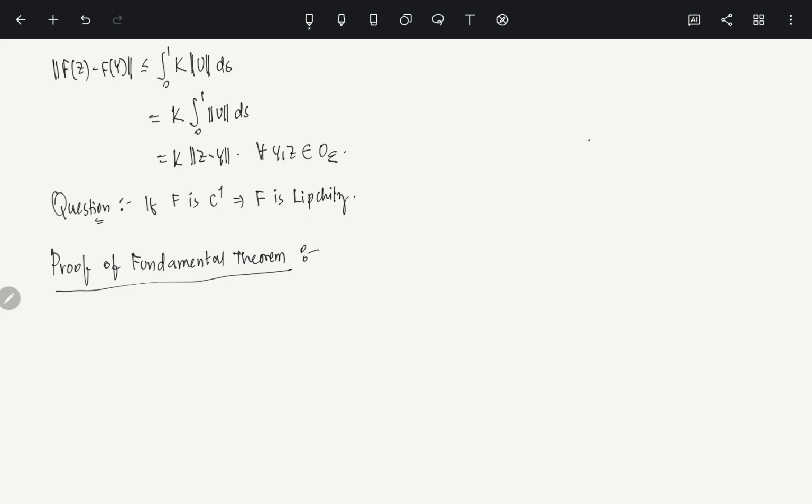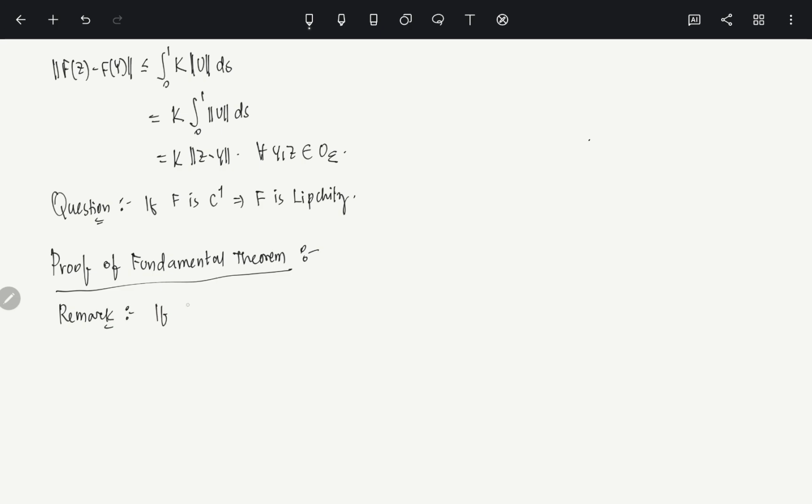Okay, so let me put it this way, a remark, before we look at the proof. Let's do this remark and then we go to the proof.